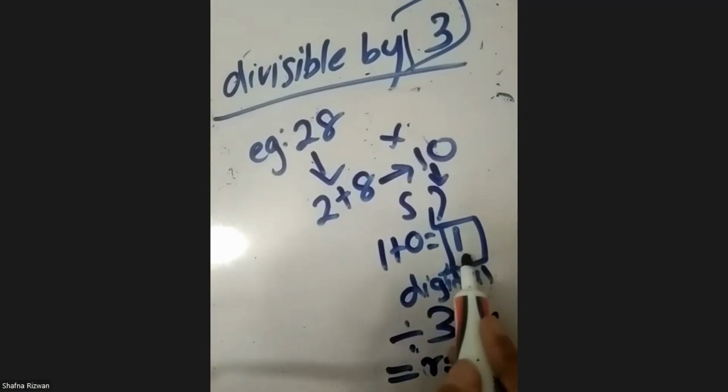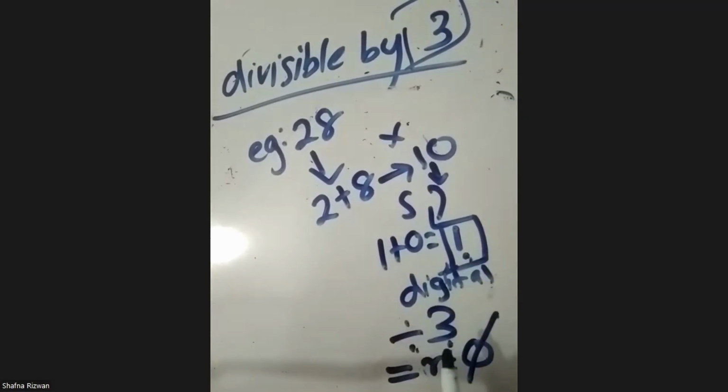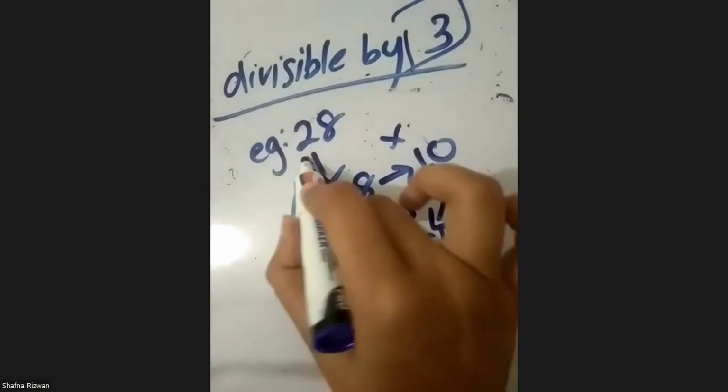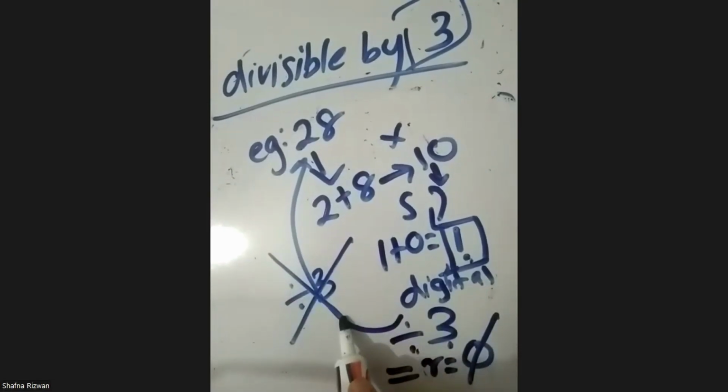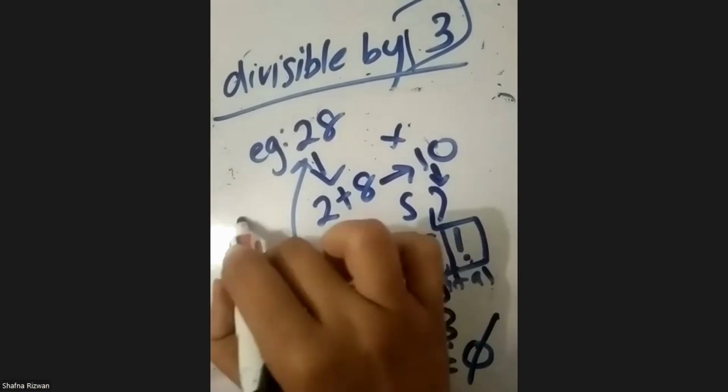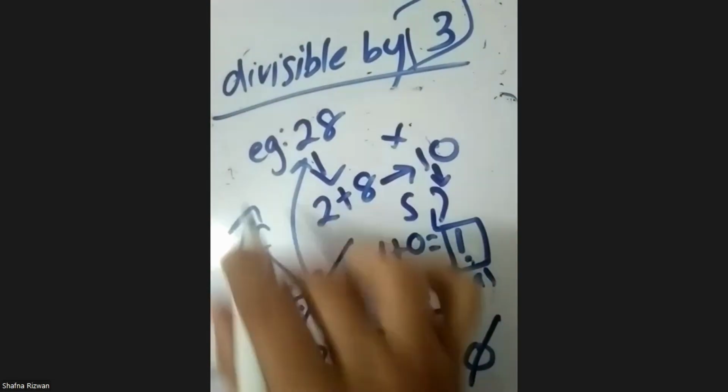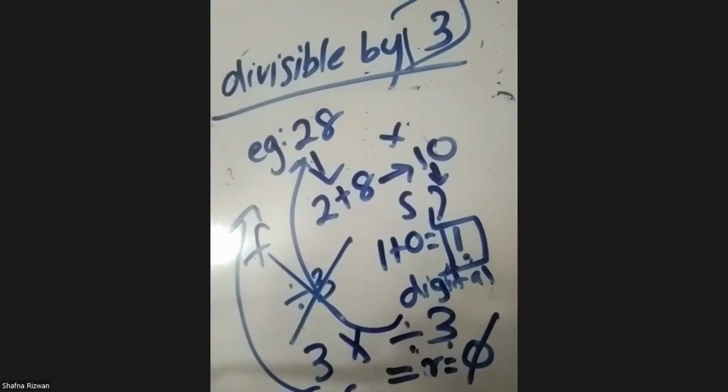So the main number 28 is also not divisible by 3. That's how we find it. Also, we can say that 3 is not a factor of the number 28.